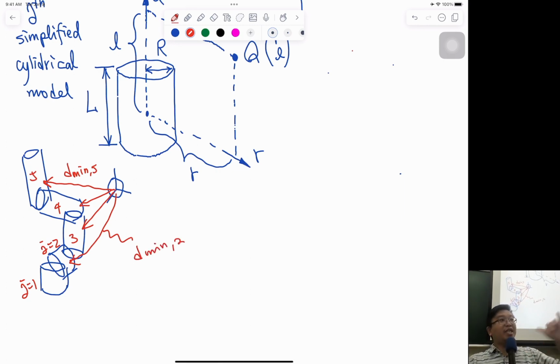You will have 6 shortest distances between the spherical obstacle and the cylindrical parts. So among all these 6 shortest distances, the overall minimum one is the true shortest distance between the obstacle and the entire arm. Okay? So let me define this.